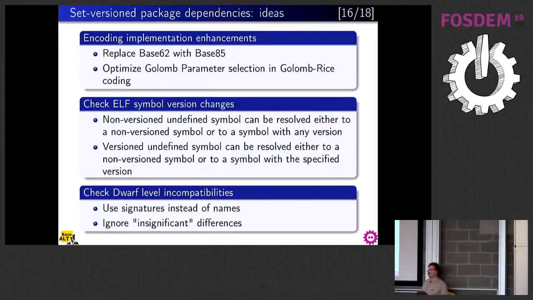Signed versus unsigned is mostly an insignificant change in practice when you're talking about ABI. On some architectures, long and long long are insignificant because they don't differ. They are exactly the same, but the compiler can detect the difference. So yeah, these are just ideas.